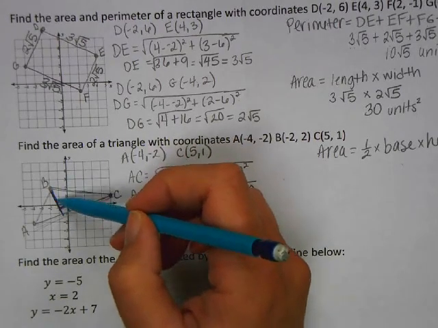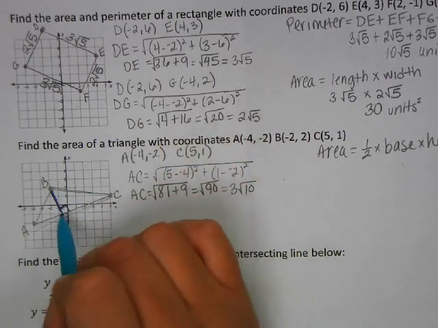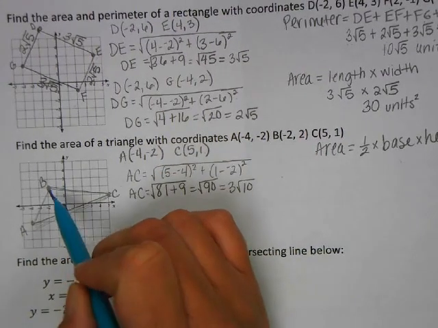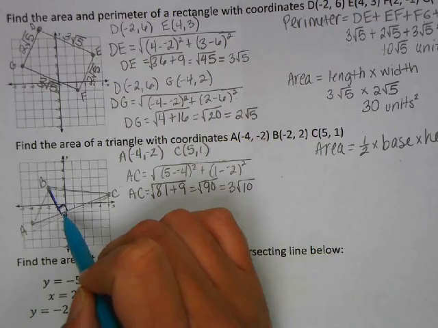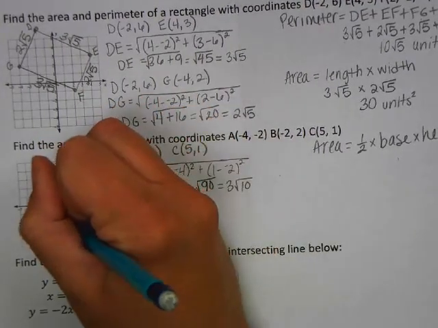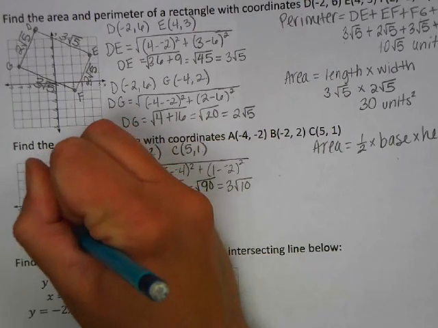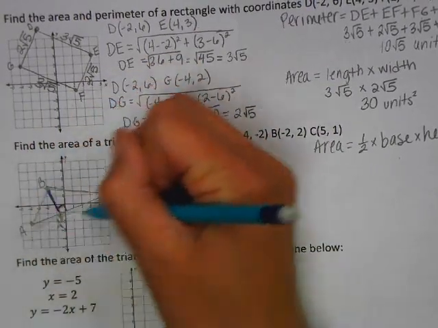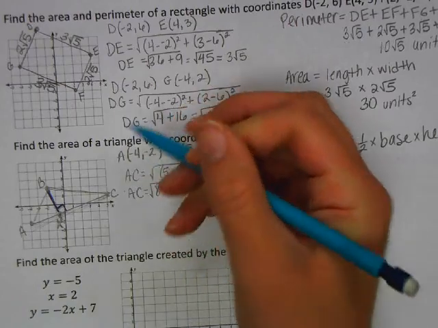So just verifying, it looks like my height intersects my base at this point here. So we'll call that point X, where the height intersects the base.